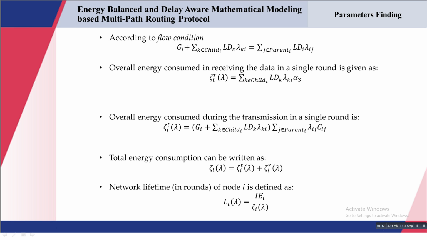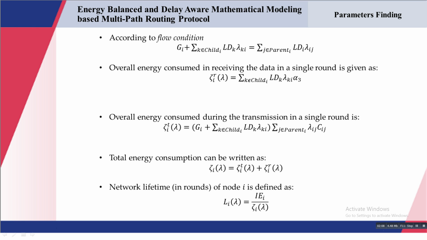And the second part on the left hand side of the first equation is representing the received data, that is the data received by the ith node from the k child nodes, or we can say the kth child node.